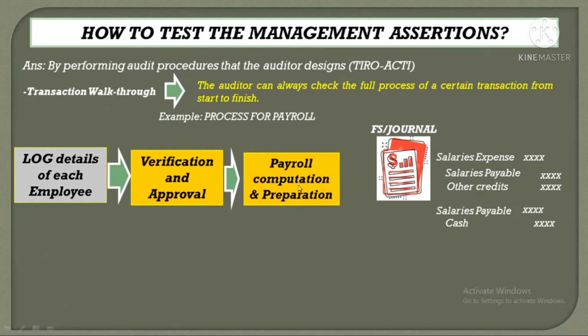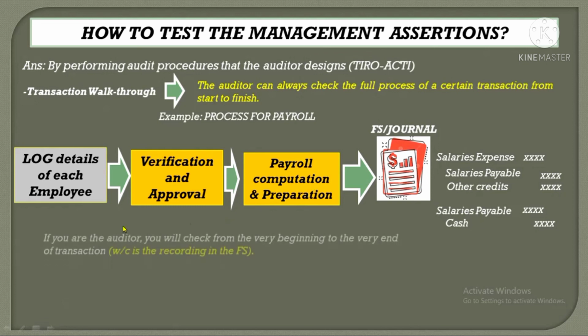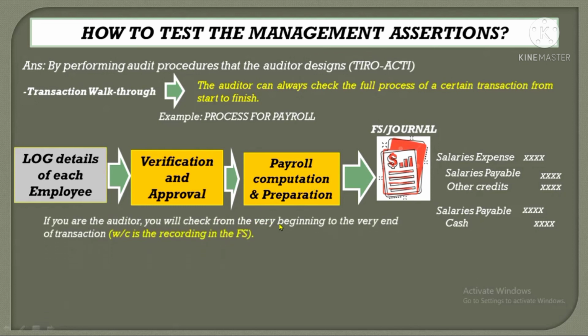In this phase, deductions from lateness or absences and mandatory deductions by the government are made to get the net salaries of the employees. And after approval of the payroll computation, it will be prepared for payment before it is reflected in the financial statements. So, in the transaction walkthrough, the auditor will check from the beginning to the recording of the transaction. That's from here to here.